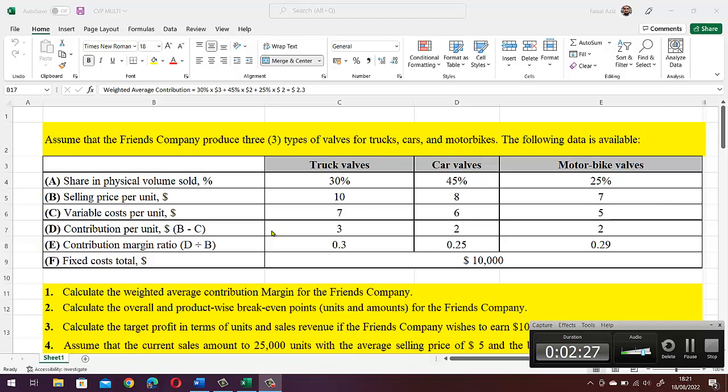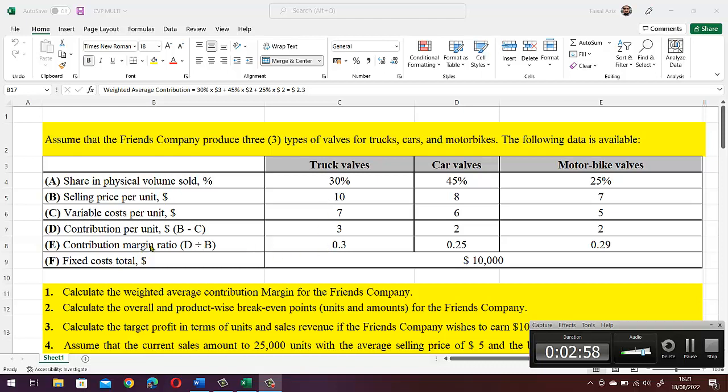The variable cost per unit in dollars is given as 7, 6 and 5 product-wise. And then the contribution per unit. It is important to know how this contribution is calculated. For the sake of your understanding, I've mentioned that contribution per unit is calculated by subtracting variable cost from the selling price.